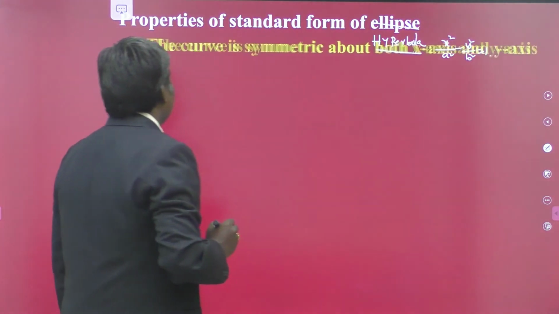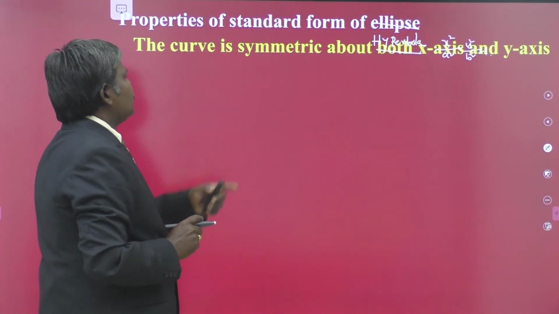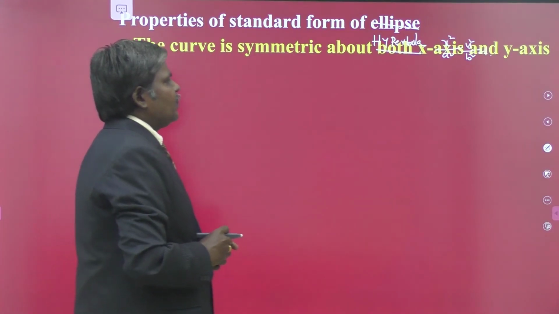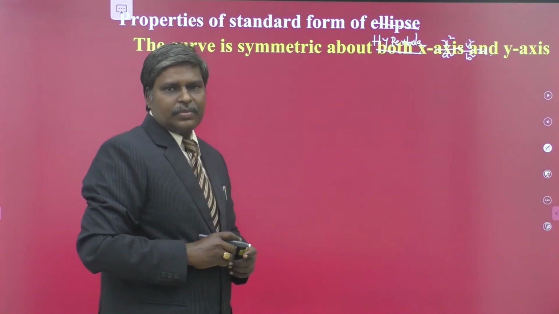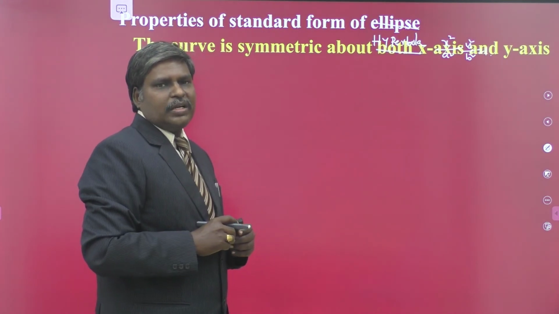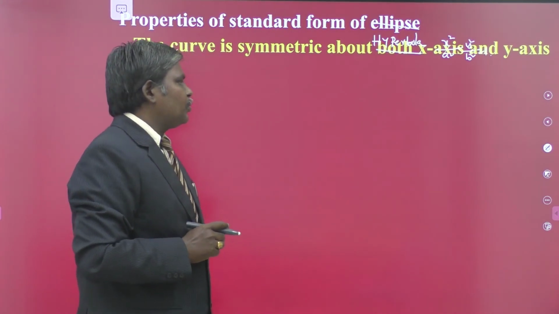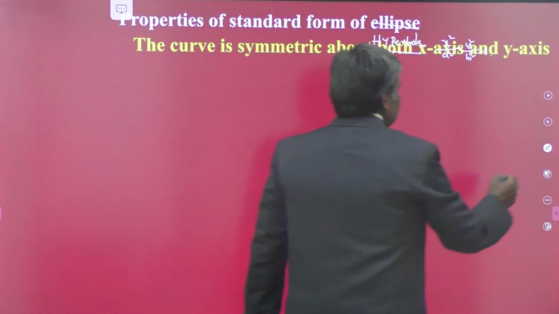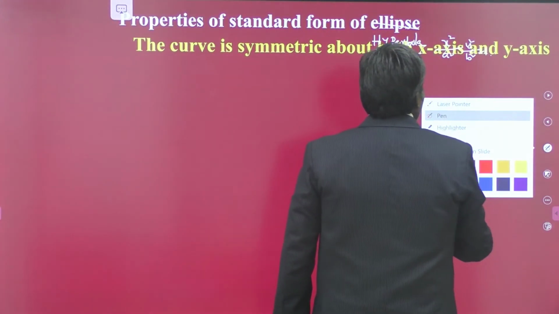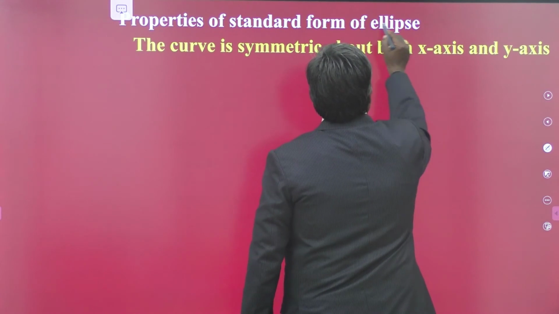So the curve is symmetric about both x and y axis. First property is what? The curve is symmetric about both x and y axis. Why is it symmetric about both x and y axis?